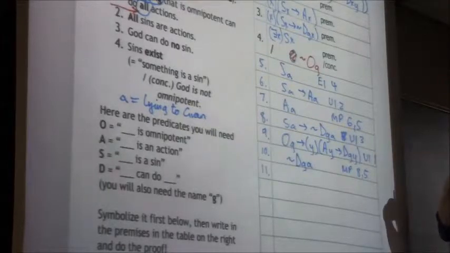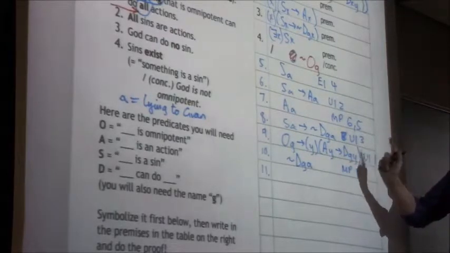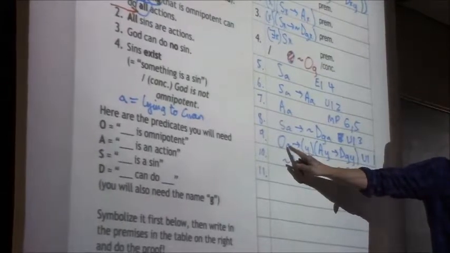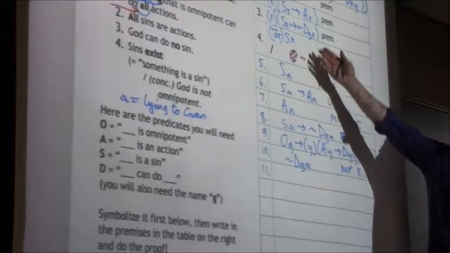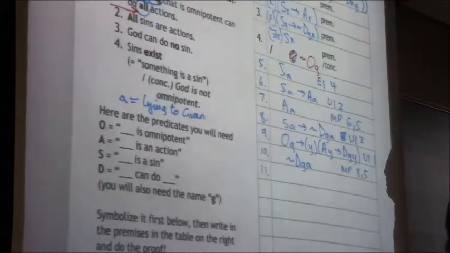There's the bottom-up method where you just mess around and see what you can do. Essentially, that's what we've been doing, with the one exception when we had to plan ahead to know that we wanted G there. Otherwise, we've just been instantiating or doing modus ponens when it jumped out at us.